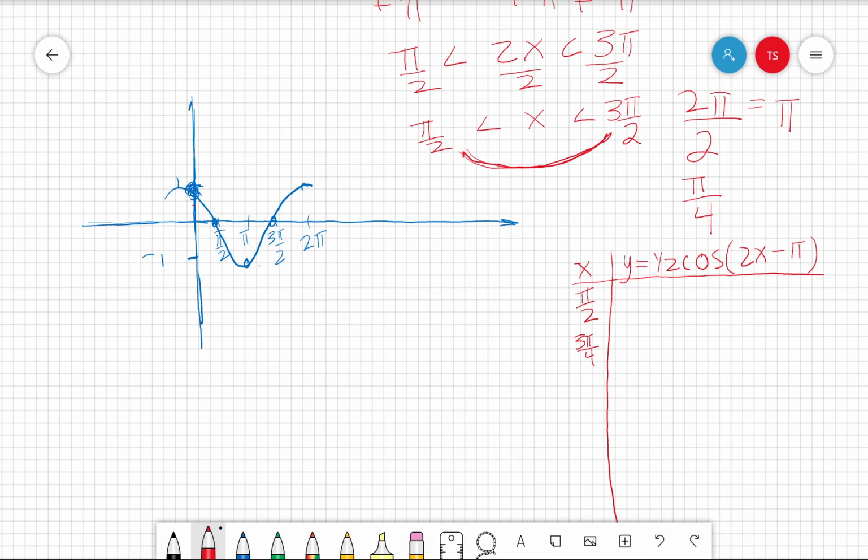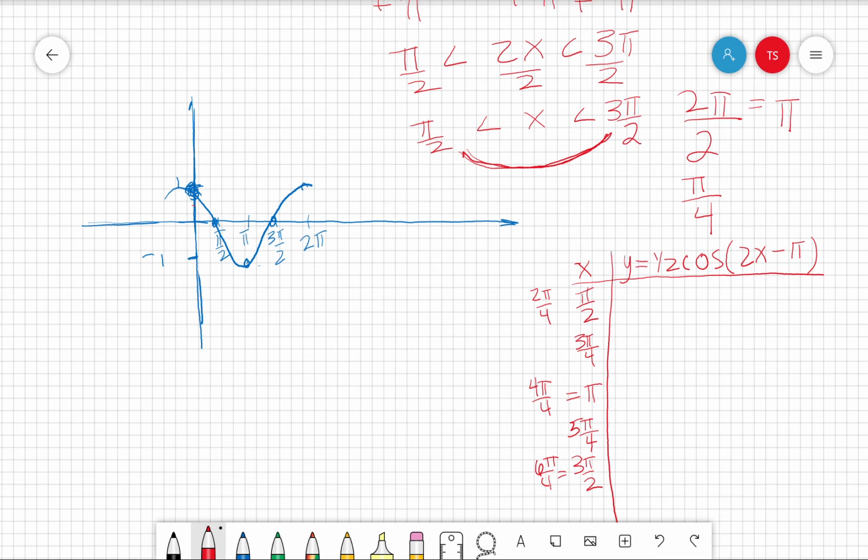I mean, you can think of it this way: this is 2 pi over 4, 3 pi over 4, 4 pi over 4, which is pi. And then plus pi over 4 gives me 5 pi over 4. And then 6 pi over 4, which is the same as 3 pi over 2. So you can make it easier on yourself if you think of it in those terms.